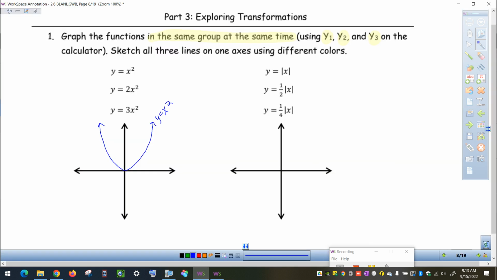And you would see the same results in Desmos as well. So I'm going to go ahead and put a little bit skinnier parabola here and label that as 2x squared, and then I'm going to have an even skinnier one in the very middle. I can't quite fit it, but that's the y equals 3x squared.